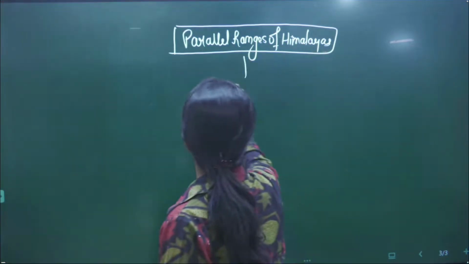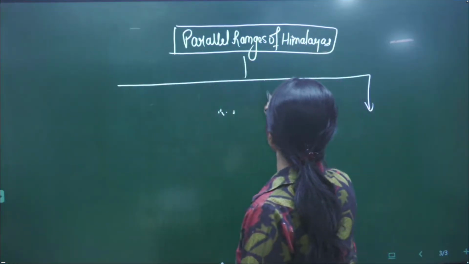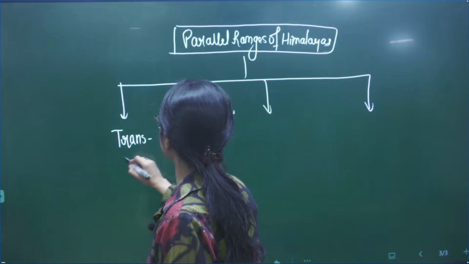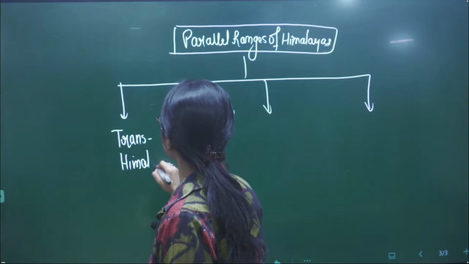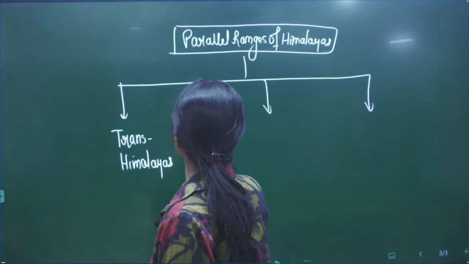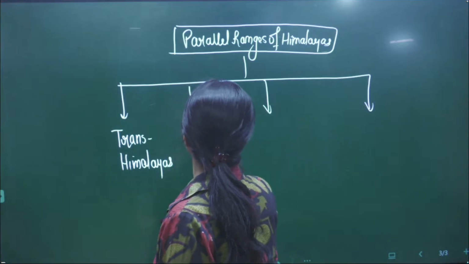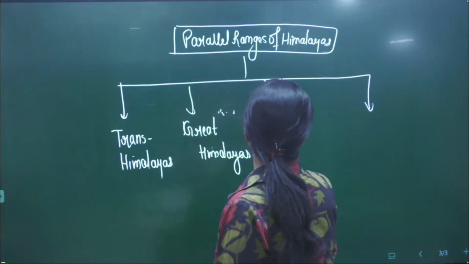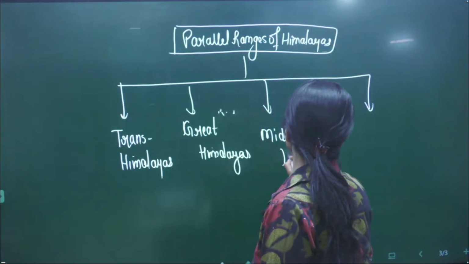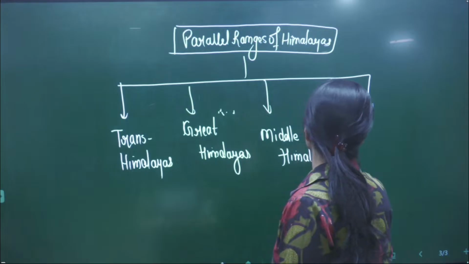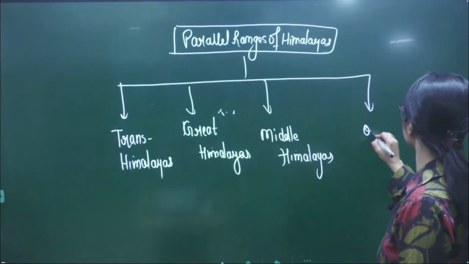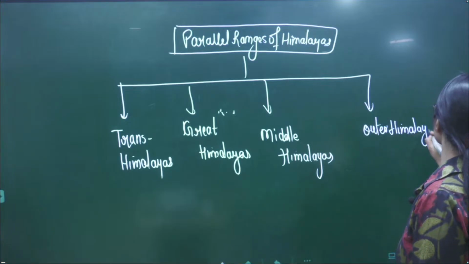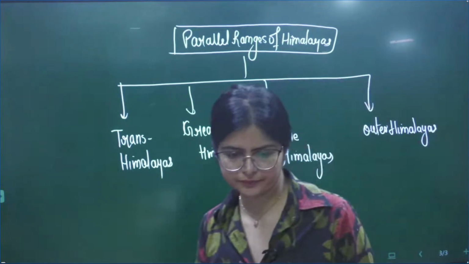The first in the flow chart is your Trans Himalayas. Then it is your Great Himalayas, Middle Himalayas, and Outer Himalayas. This is what we are having, right?